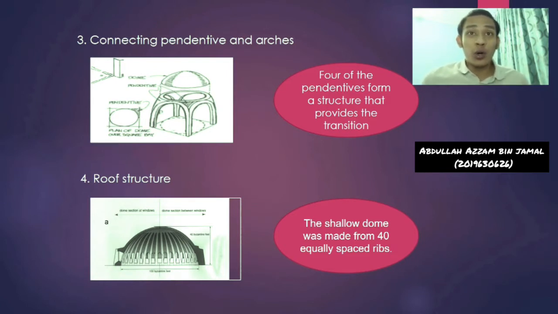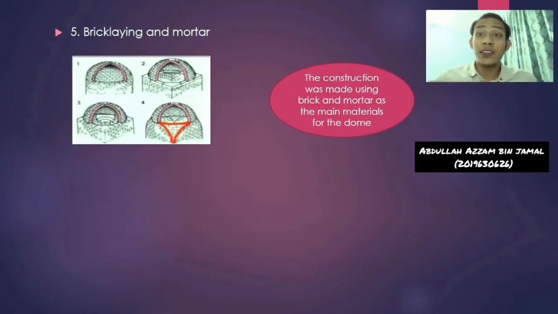But the shallow dome was made from 40 equally spaced ribs. 40 windows are then installed at the dome base, creating the sensation that the dome was actually floating over the church. Lastly, under the method of installation, bricklaying and mortar, the main material that we use for the dome is brick and mortar.